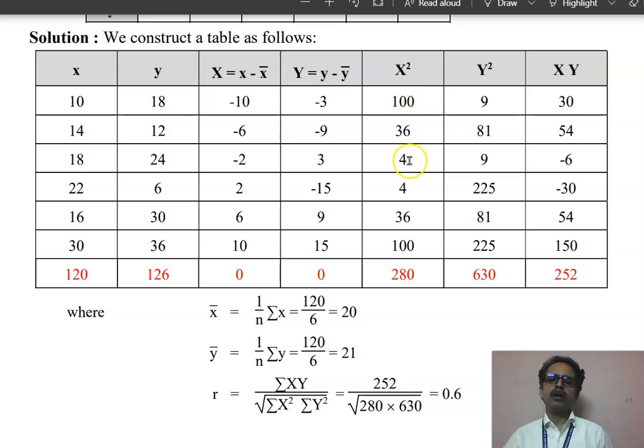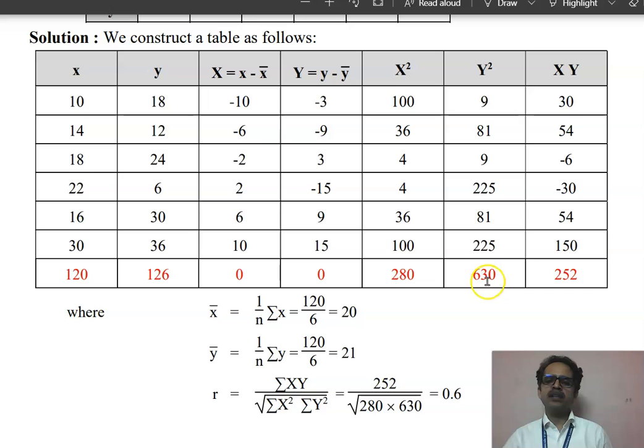This column is for x squared, and its column sum is 280, which represents summation x squared. We put that entry 280 into summation y squared. Now this column is for y squared. We have 6 values of y squared, and adding all those 6 values, we can find the sum.